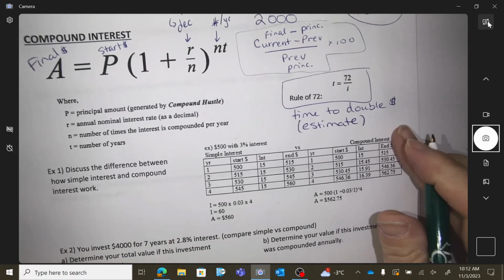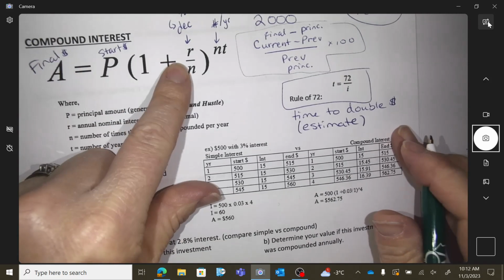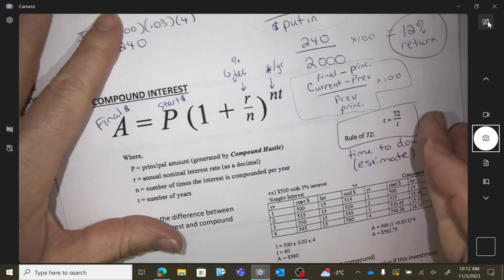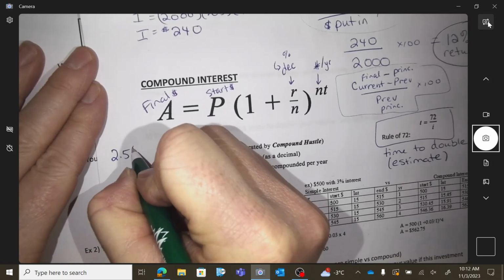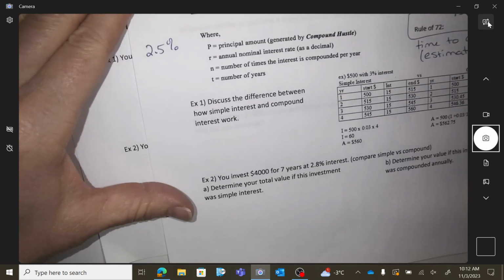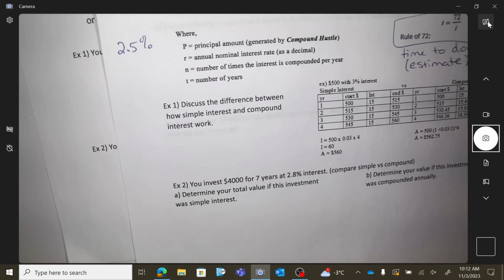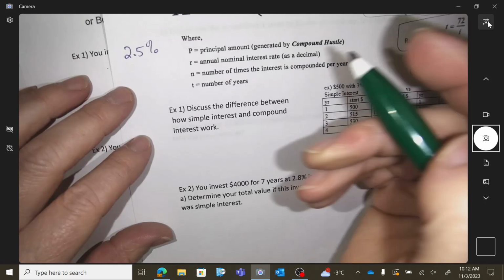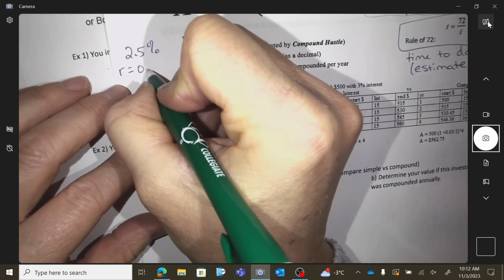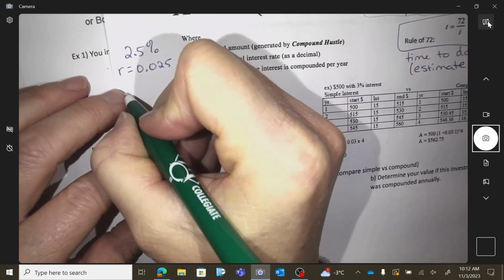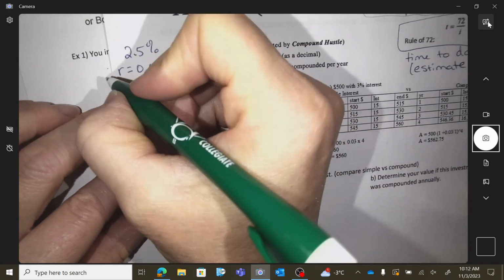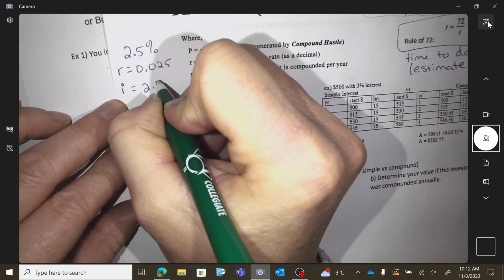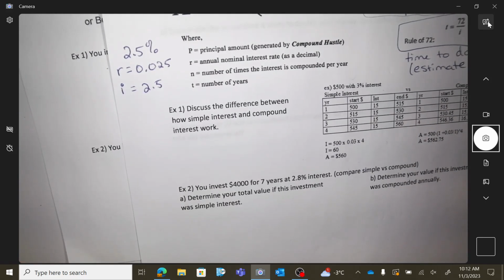Okay, so here's a difference between an R and an I. Let's do this. If I ever give you 2.5%, your R would be the decimal, and your I would be just the percent.